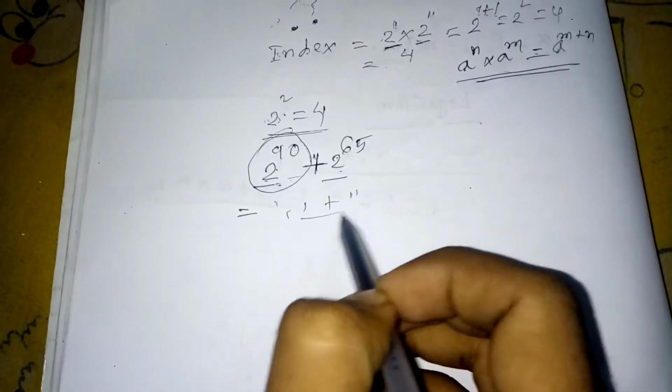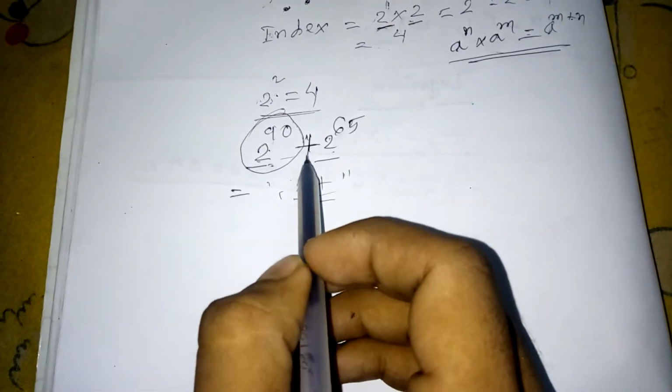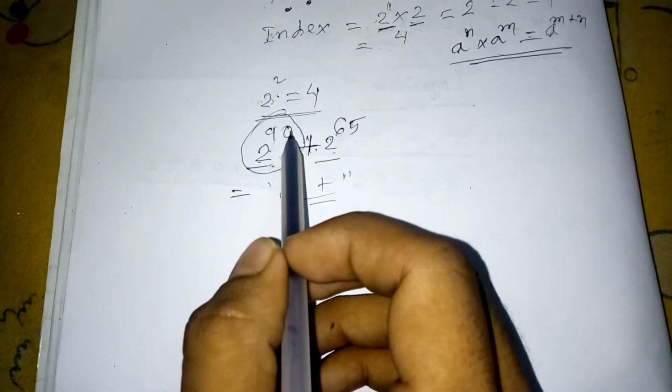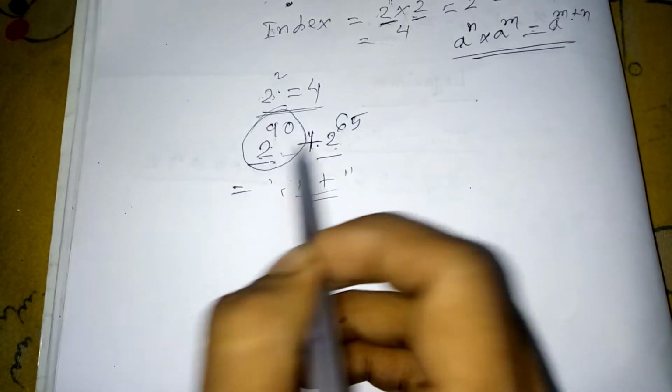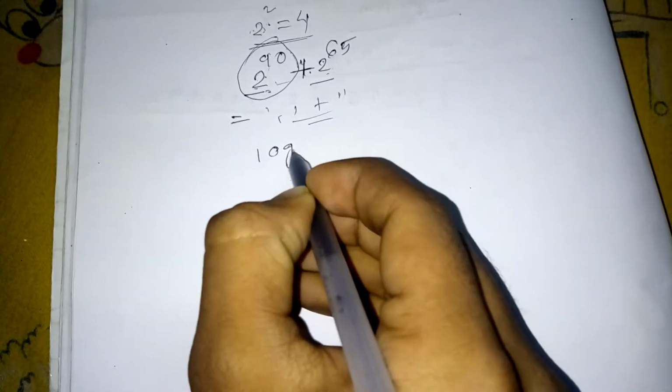But there is a simple technique by which we can add these two terms without calculating these vulgar numbers. So let us begin. What is this? This is called log.